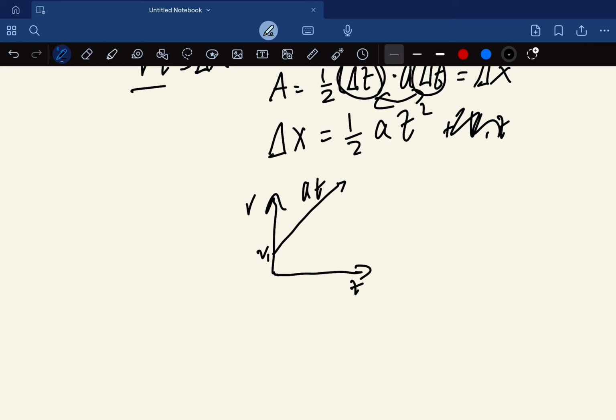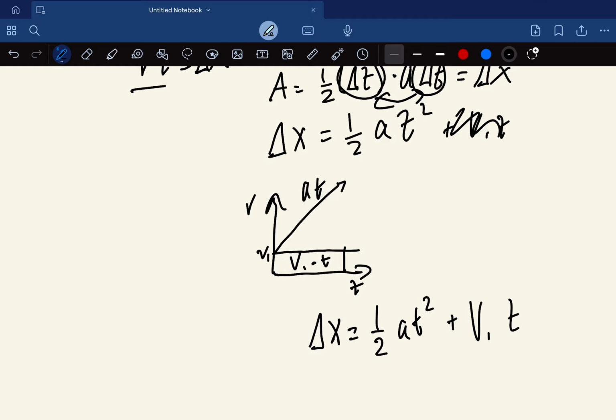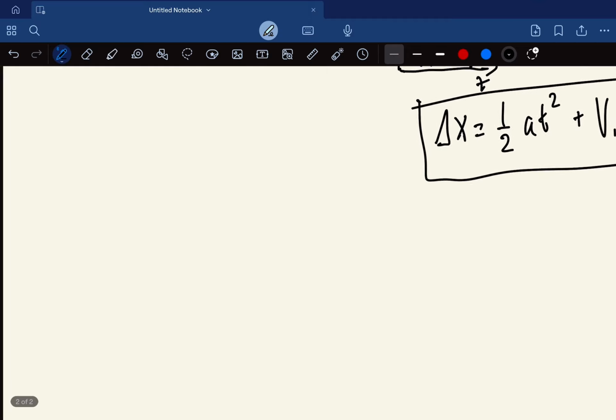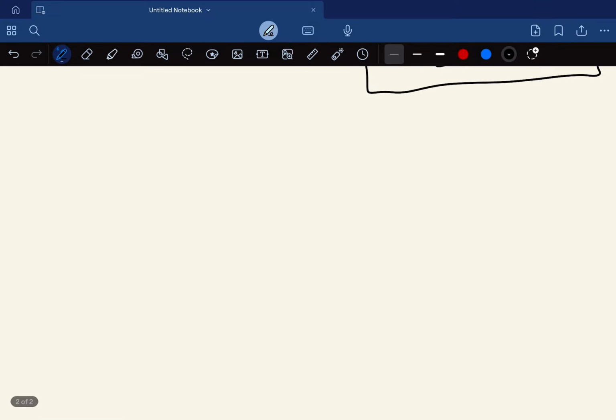This is the slope of the graph. Then we have this area underneath is equal to vi times t. So we have to add that in to our equation. So we have delta x equals 1/2 a t squared plus vi times t. That is our equation.